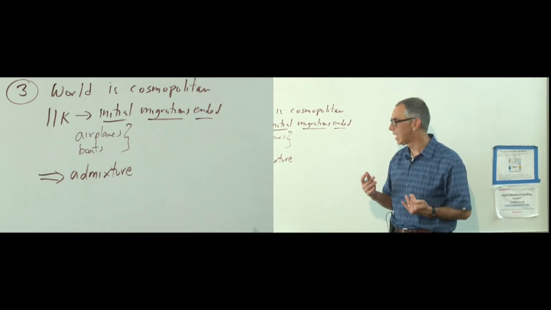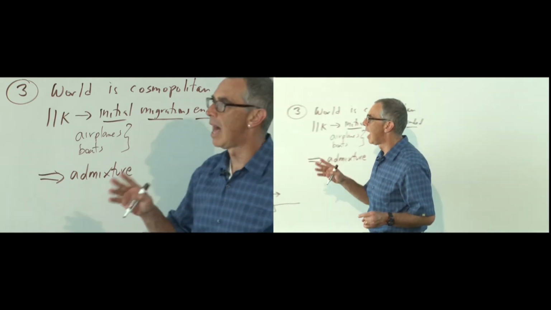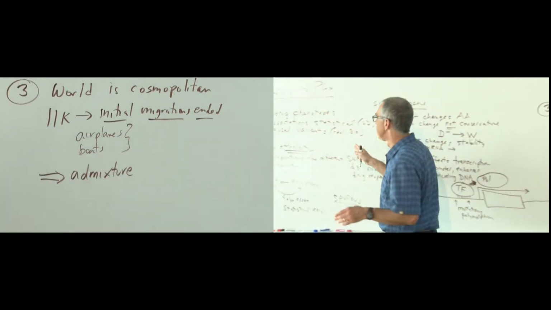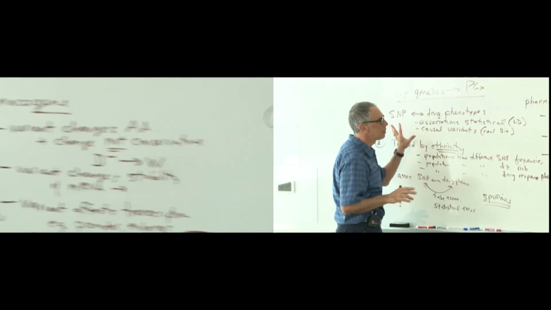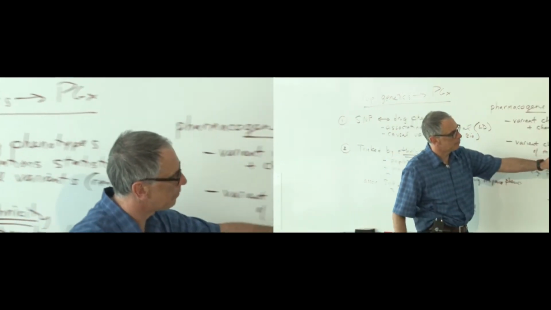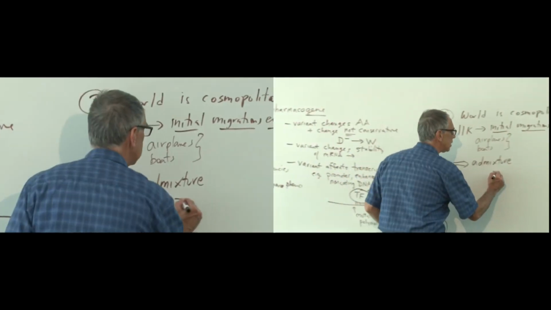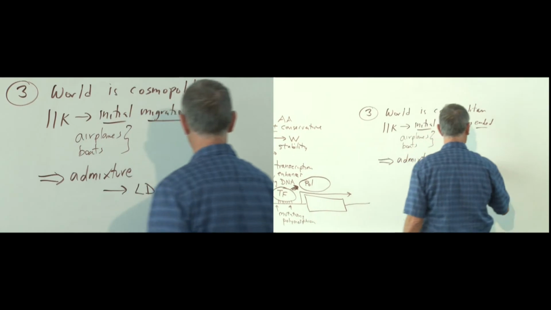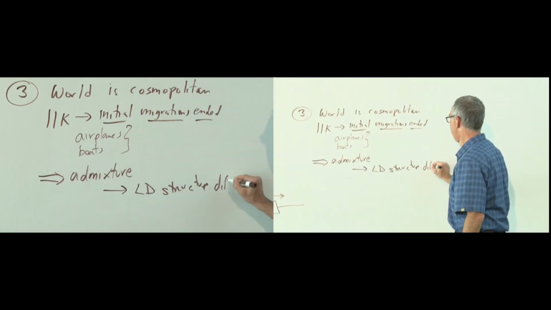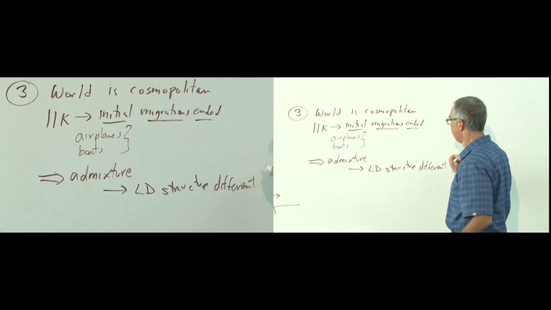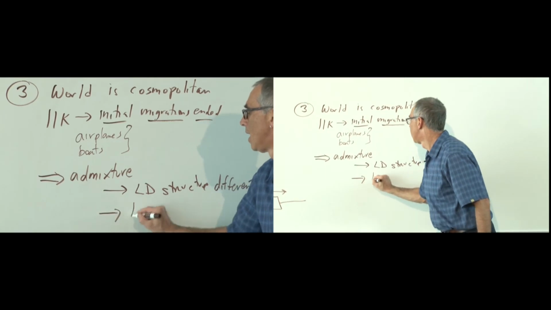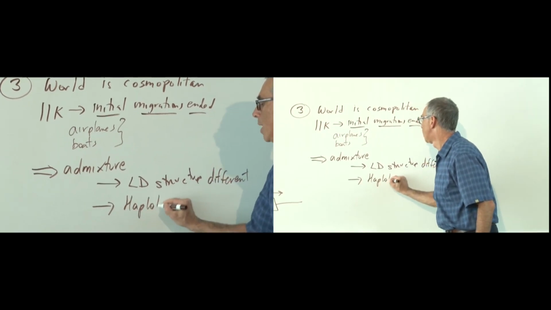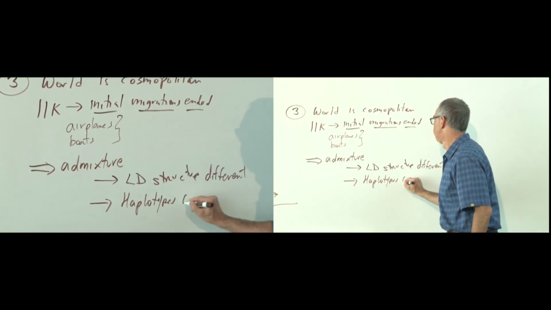And so what we're seeing is that a lot of the associations that we find need to be checked in the context of populations where the LD structure might be different. So the LD structure is different. Kind of a corollary to that is the haplotypes that are present are different.